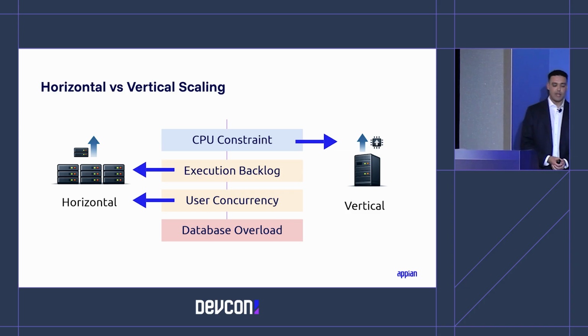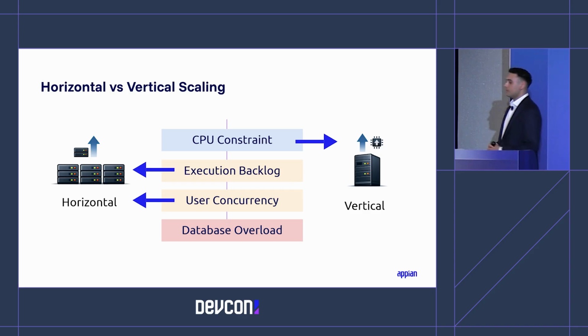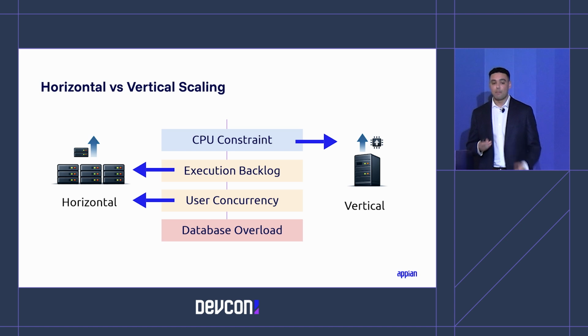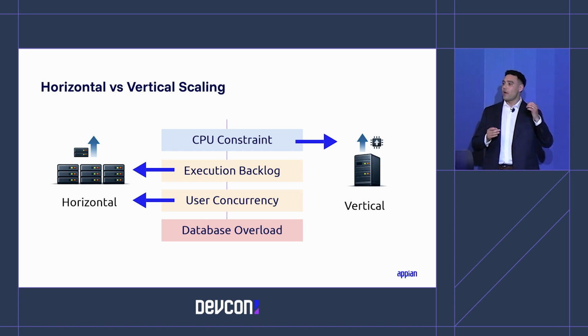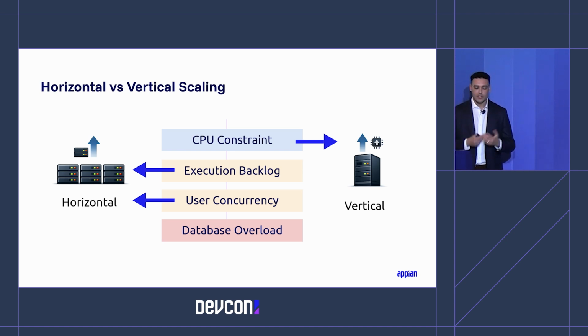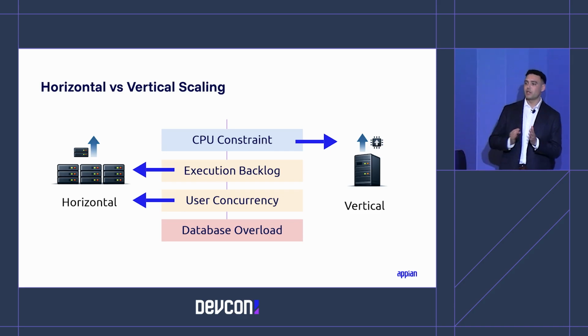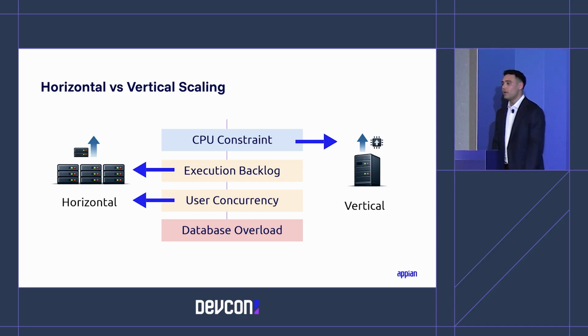However, if process throughput is the constraint that you're seeing, just not able to process concurrently as much as you can, but you do have the CPU headroom and the memory headroom, there's an opportunity to scale horizontally. If the execution is just constantly busy all the time, adding more execution capacity will help in your situation.